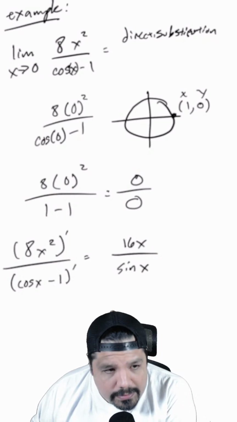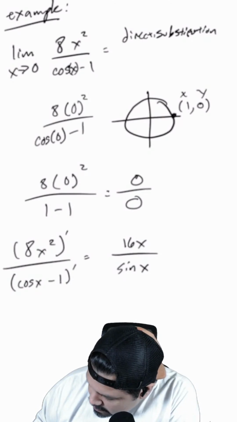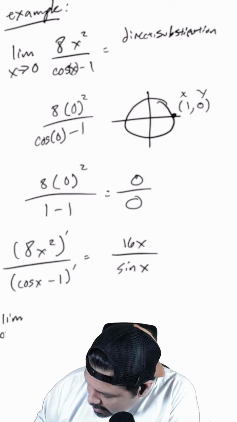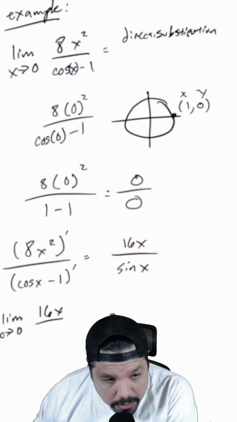So let's see. Can this work now? The limit as x approaches 0 of 16x over sine x. That's right, we're going to rewrite the function.